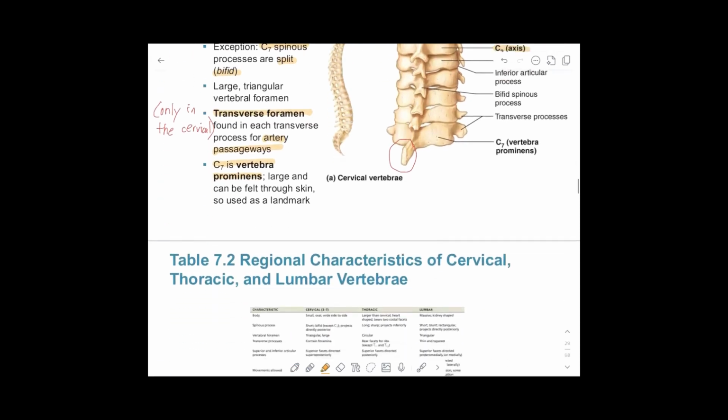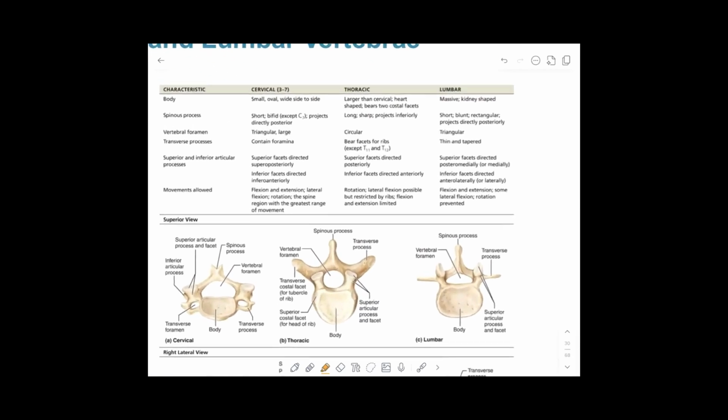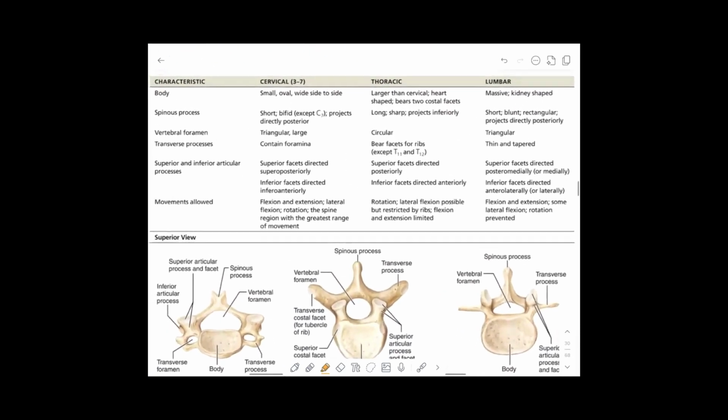So when we compare the different regions now, we have this nice chart that does that. First of all, the body of the cervical region is small and oval in C3 through C7.